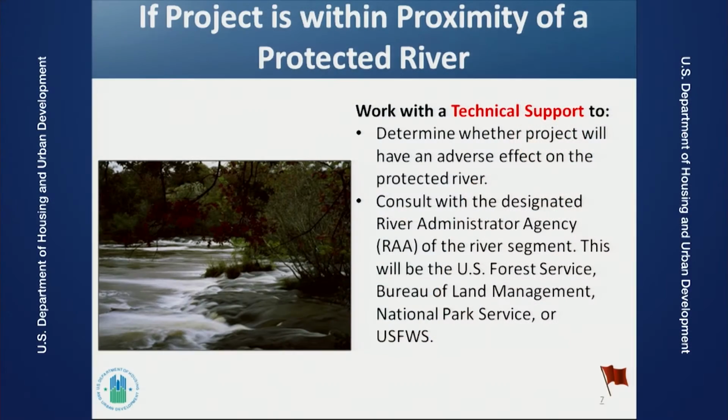That's really what we're looking for. However, seek technical assistance if you are close to a protected river, just to make sure that we have complied with all the requirements. If you are going to have impacts, you're going to want to consult with the river administering agency that we discussed earlier. And like I said, there are several different agencies, depending on the state, that cover that responsibility.